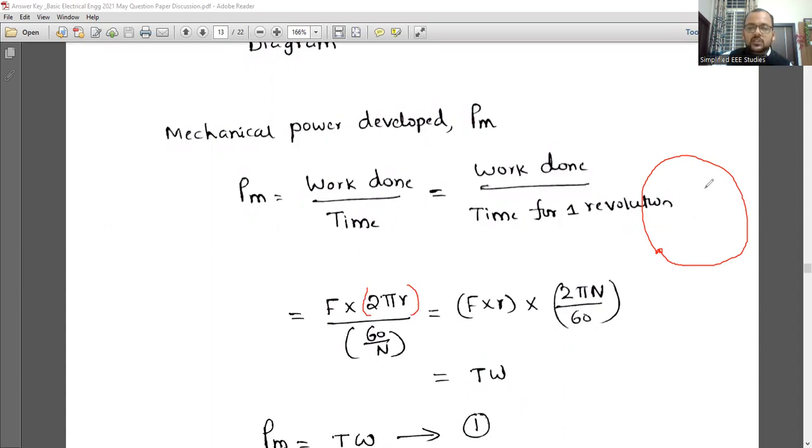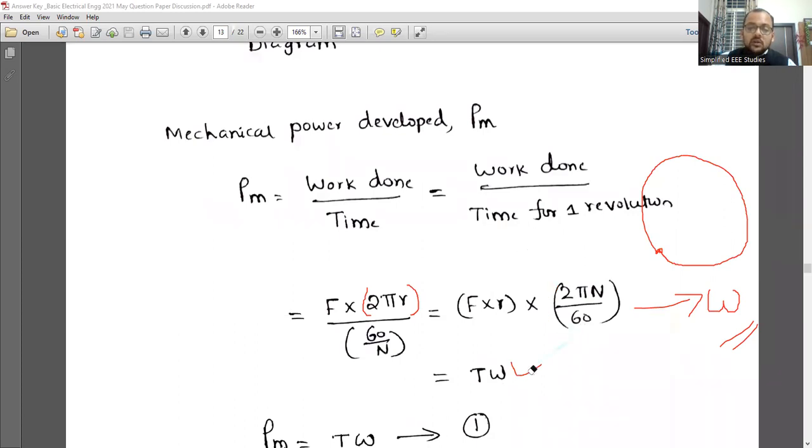Perimeter, it's a circular motion, no. So it is 2 pi r. Then time can be written as 60 by N. So further simplification, F and R can be written together, that is F into R, 2 pi N by 60. What is 2 pi N by 60? 2 pi N by 60 is nothing but angular speed. It is written as omega. Angular frequency and angular speed are indicated by the same letter omega. So mechanical power developed is T into omega.